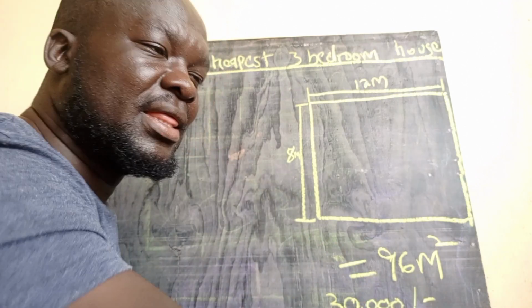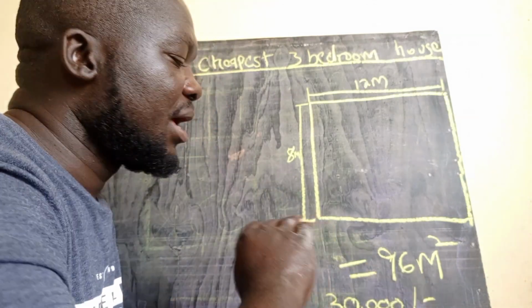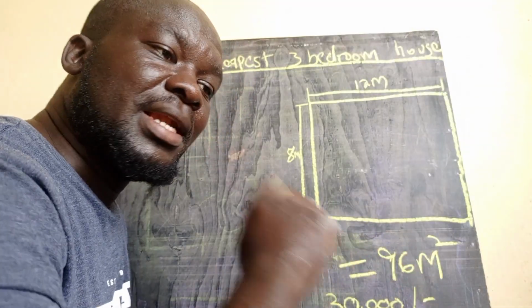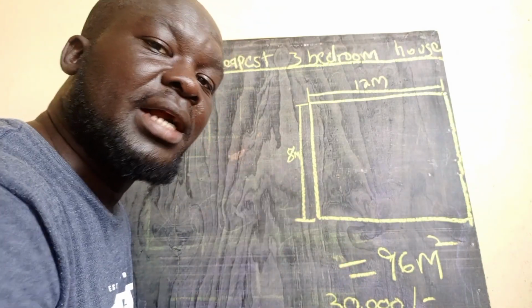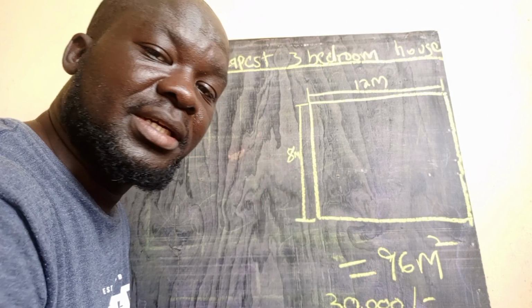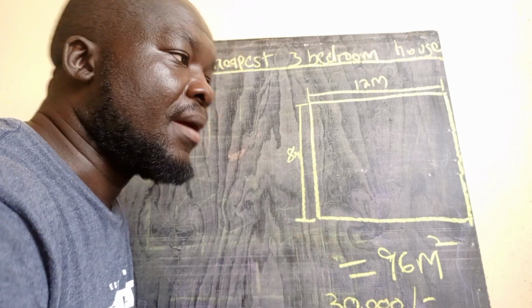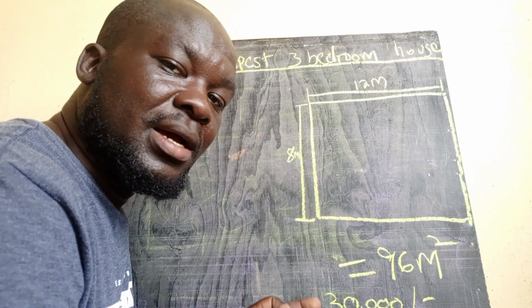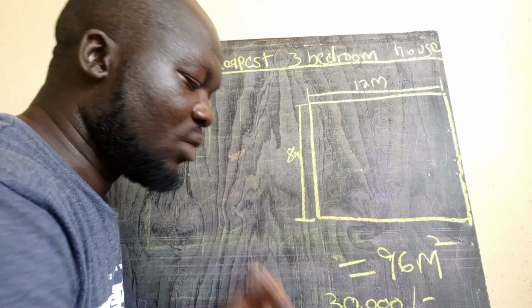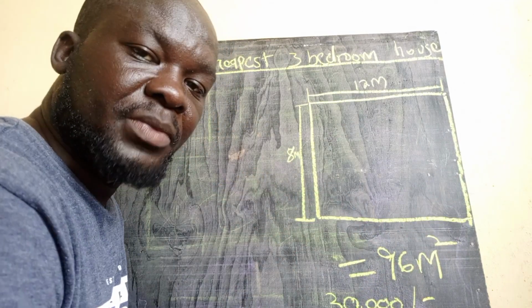That is everything except landscaping and manholes and septic or biodigester. But the house as a whole, per every meter square, you do it by 30,000.